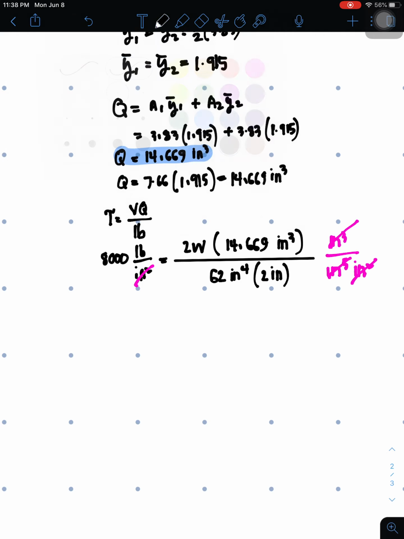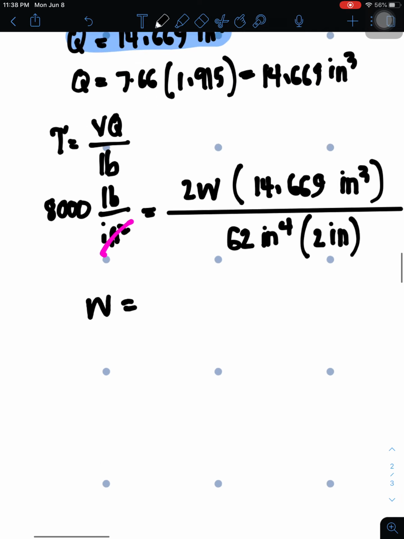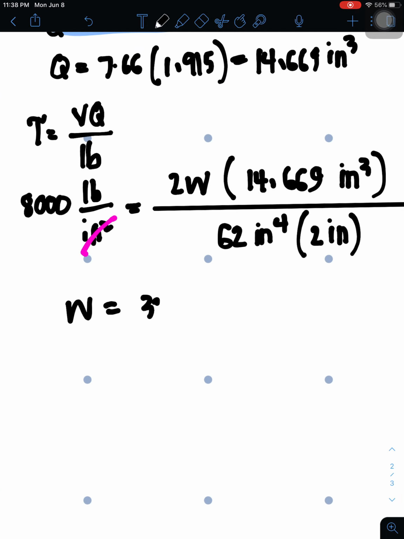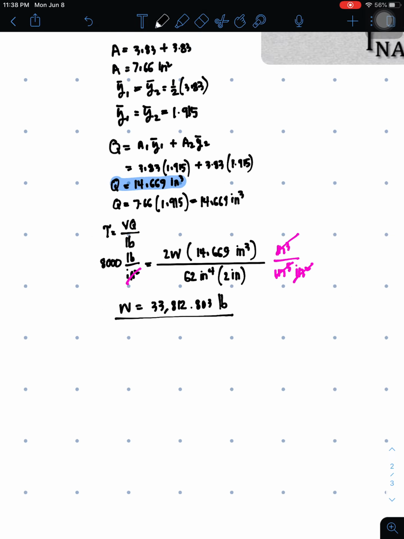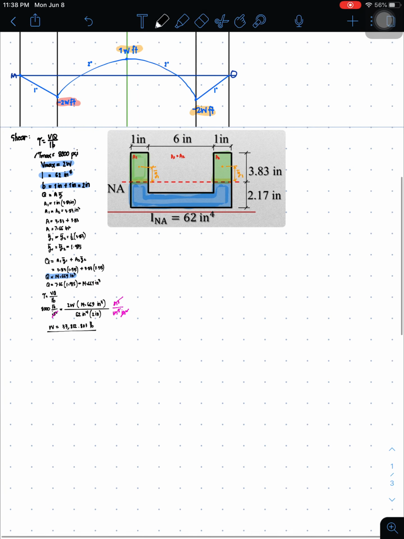The W is 33812.8025, and that is in pounds. This is our answer for shear.